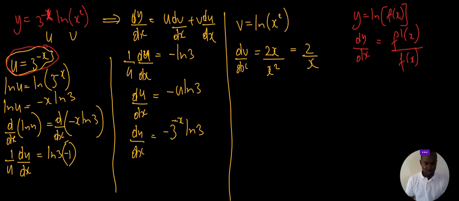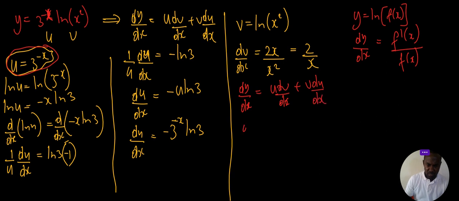So having found du by dx and dv by dx, by the product rule, dy by dx is equal to u dv by dx plus v times du by dx.